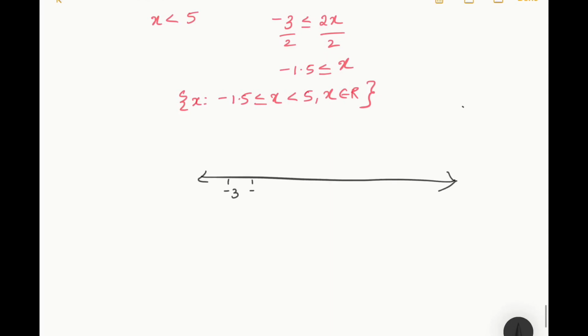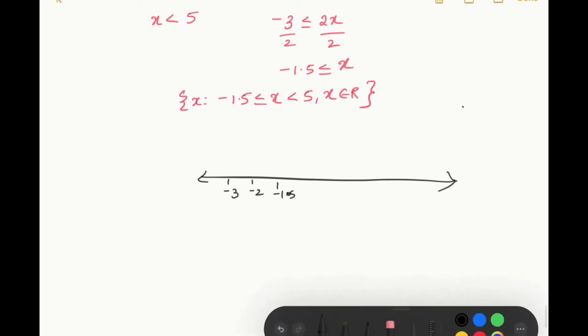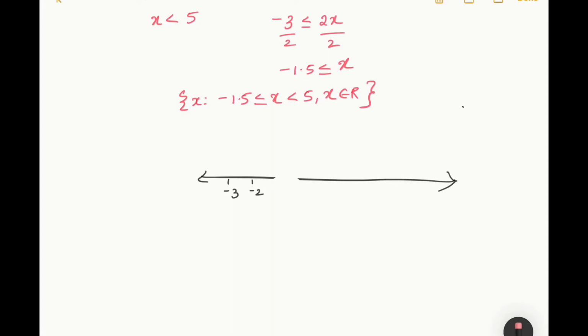Minus 3, minus 2, minus 1, 0, 1, 2, 3, 4, 5, 6, 7.